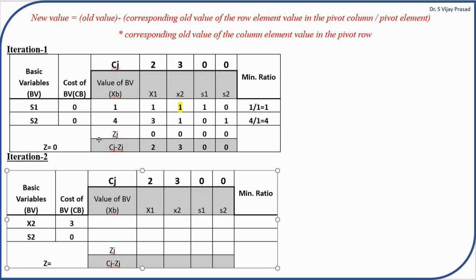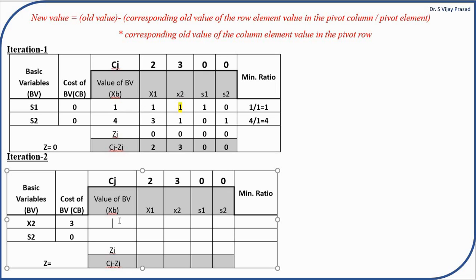Now from here onwards the new values are going to take place. First we need to change the key element row in the next table. Our intention is to make the key element 1. If you want the key element to be 1, this entire equation is going to be divided by 1 only. That is the reason we are doing this here.